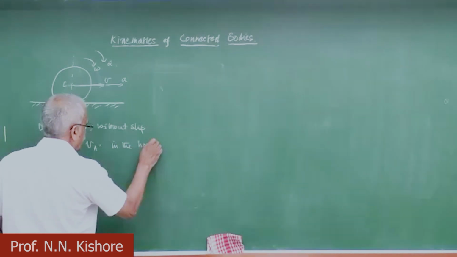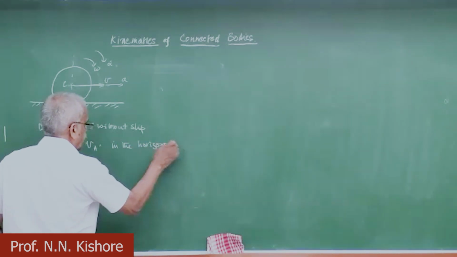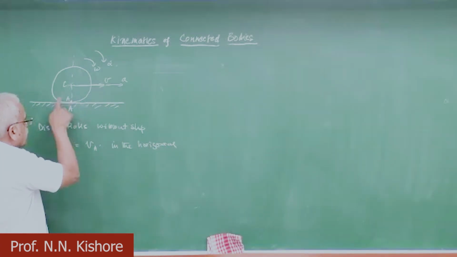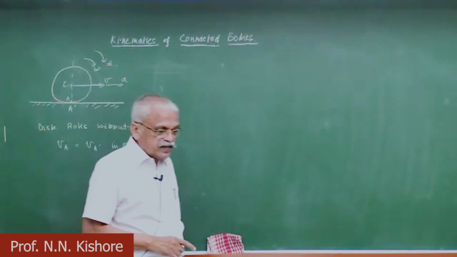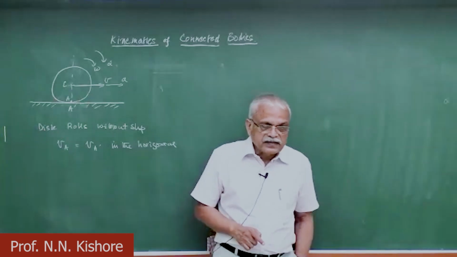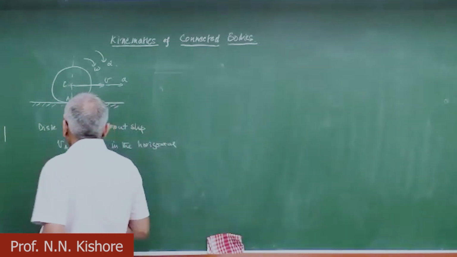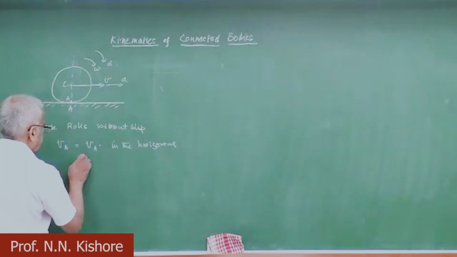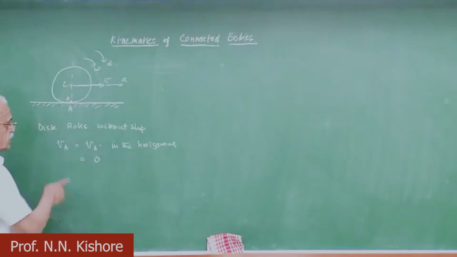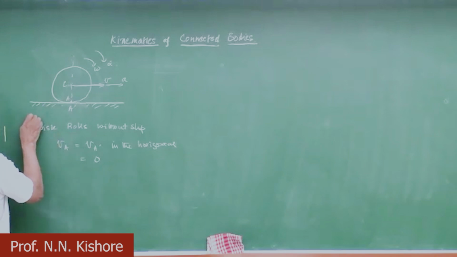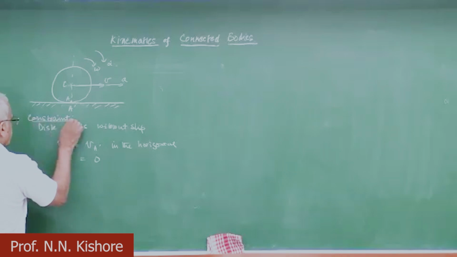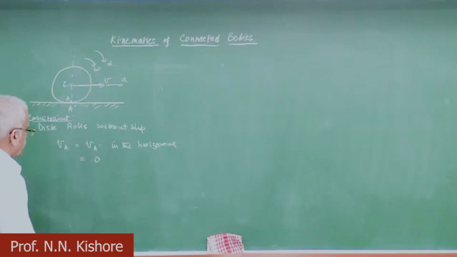Though obviously you can see that it is tangential, after a little instant A also starts having velocity upward. So only at this instant are the velocity of A and A prime the same, and essentially they are zero. Okay, so this is the constraint of motion. Because of this, VA is VA prime.